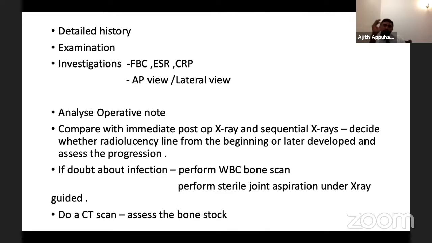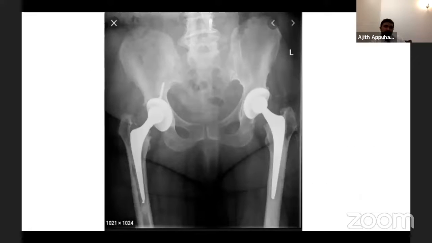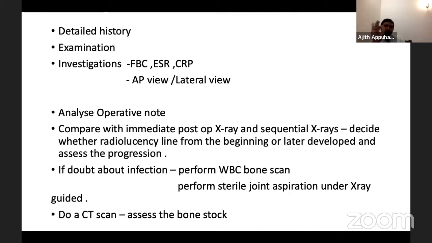So if they ask this kind of question, you need to know how to approach it. You should start with a detailed history and detailed examination. Another important thing: if you think about implant loosening, you always need to exclude infection.